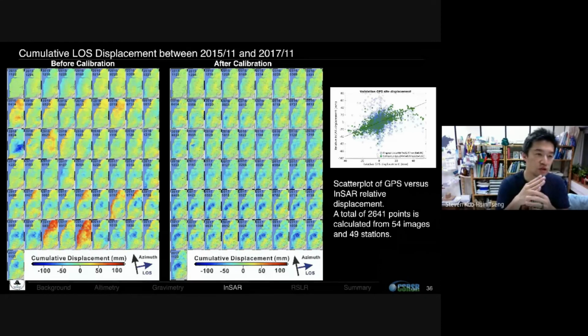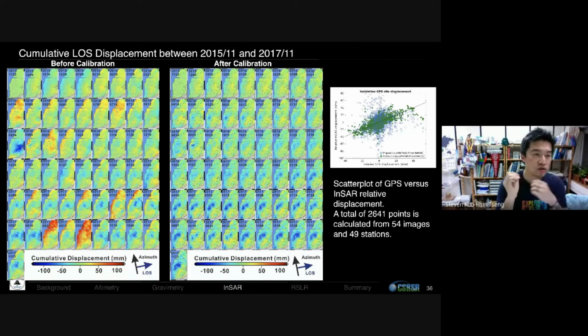So basically, when you have warm and cold colors, it basically means relative motion compared to the mean, the average of this area. So there is no idea about datum in a traditional InSAR time series.